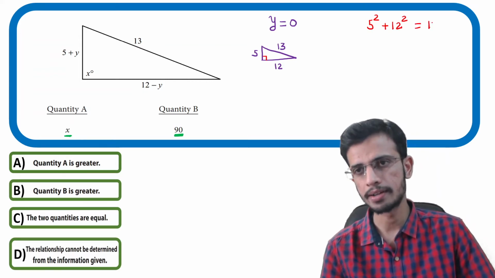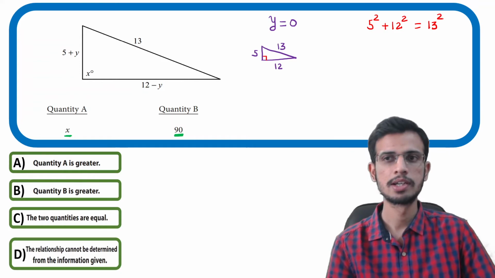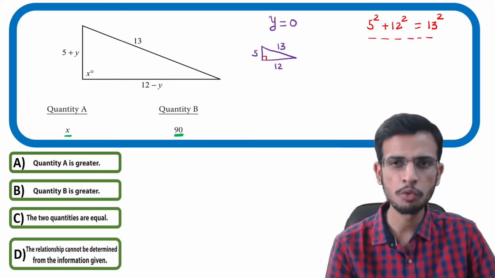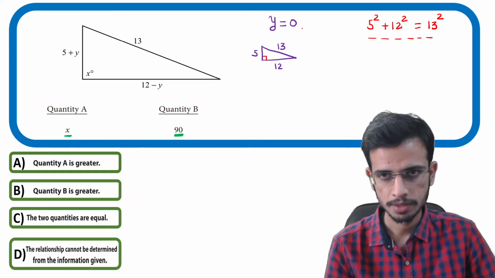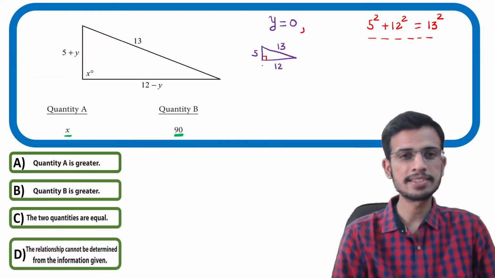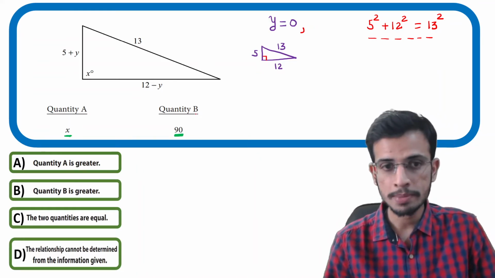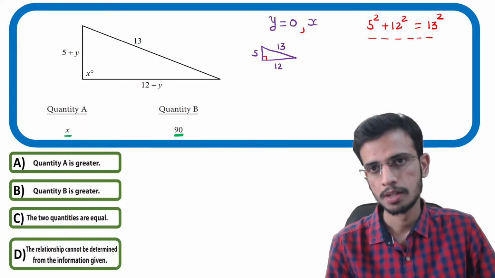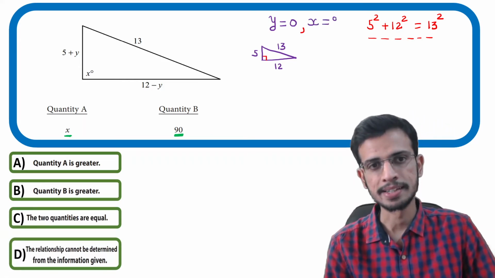It's a triplet, and we have to remember this triplet because it will be very, very helpful. So if you take y equal to 0, then this triangle will become a right angle triangle, and this x will become 90. Yes or no? This x will become 90.